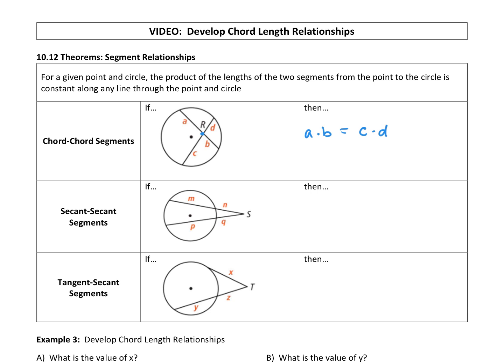All right, let's take a look at another one. This next one is if you have secant segments. So here's a secant, it's intersecting, going through the circle, hits two spots. Same idea.